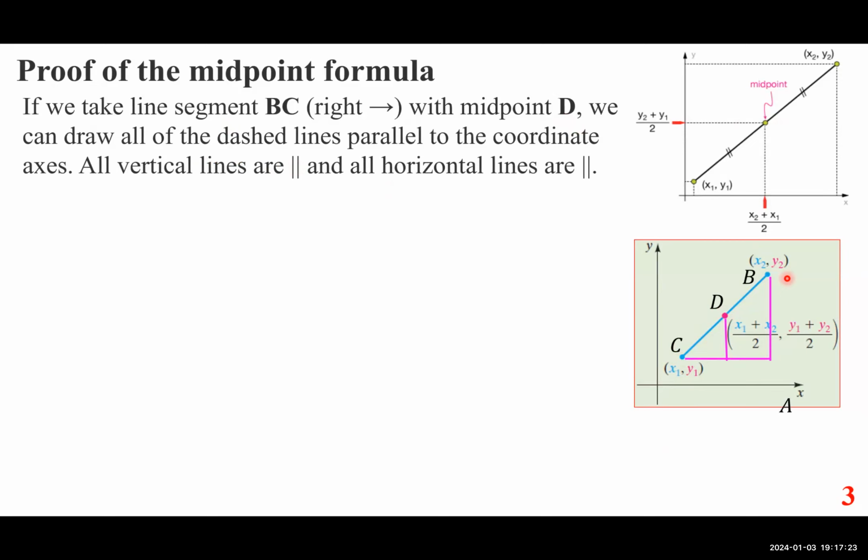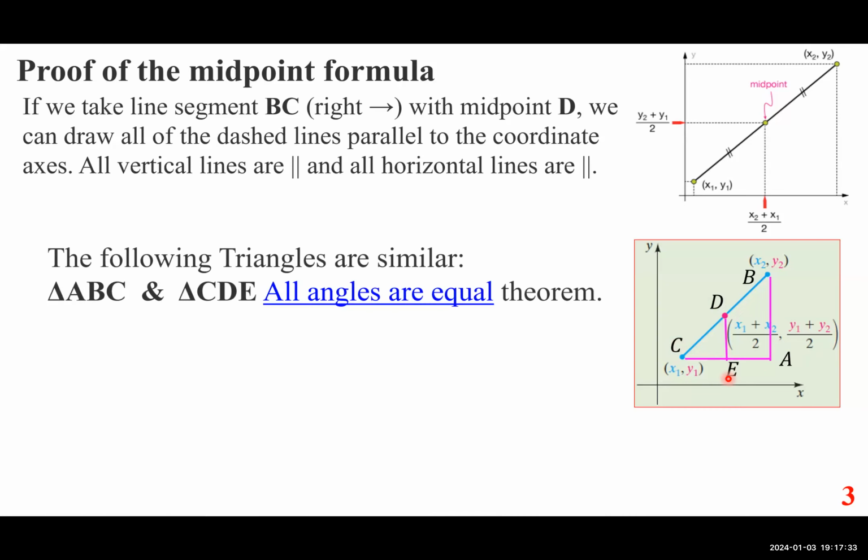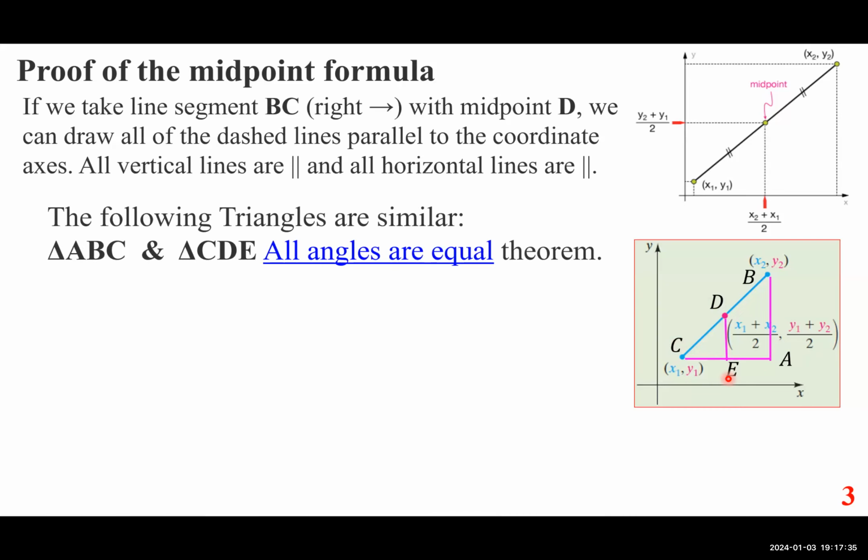So if we call this ABC is the large one, and if we call this ECD is the small one, the two are similar figures because all angles are identical. This is 90 degrees, this is 90 degrees, and this is in common, therefore these two are the same, or you can say the sides are parallel.